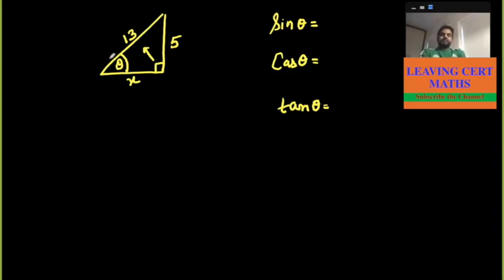So use the c squared formula. c squared equals a squared plus b squared. c is 13.